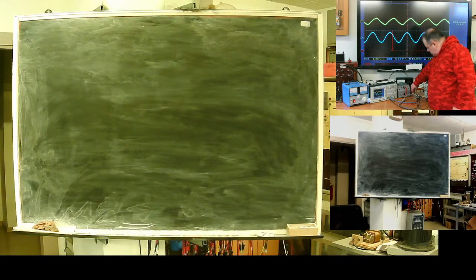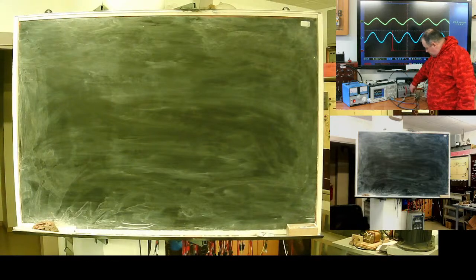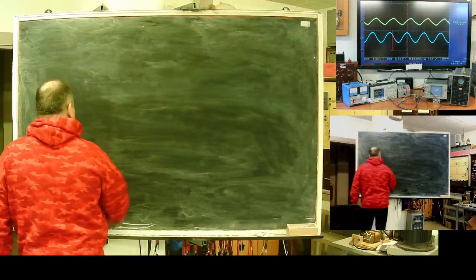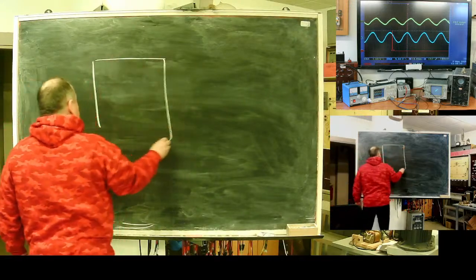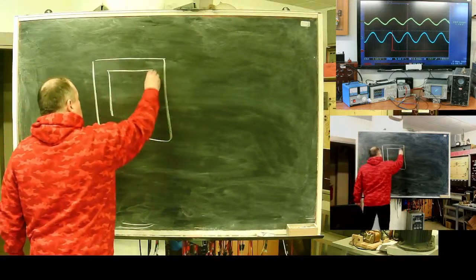So here, where am I? And why is this small network here? This small network is a transformer. It has a steel core. Why?